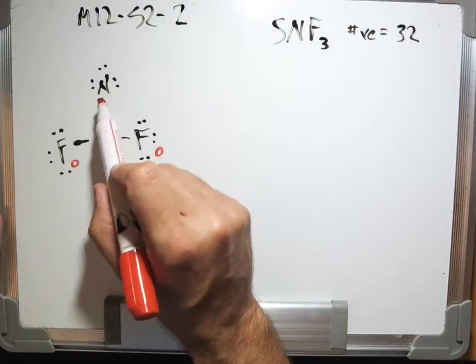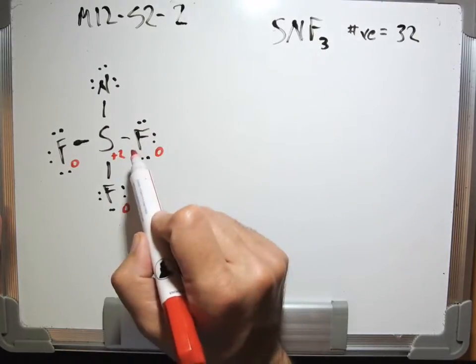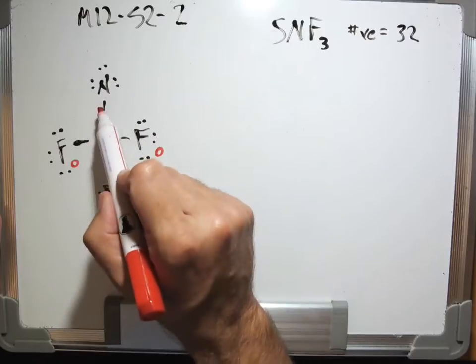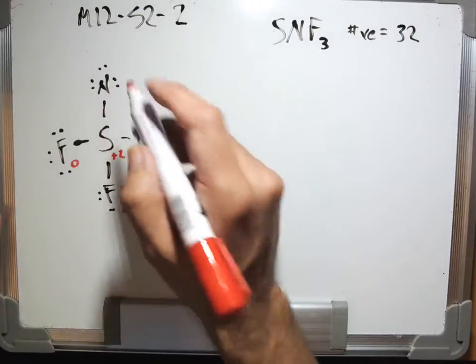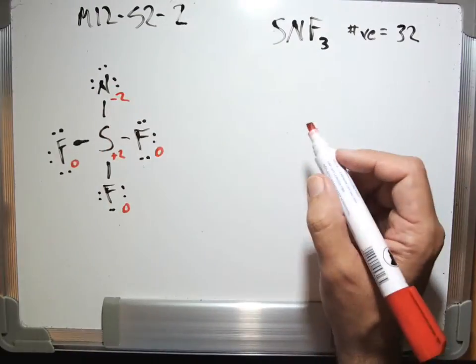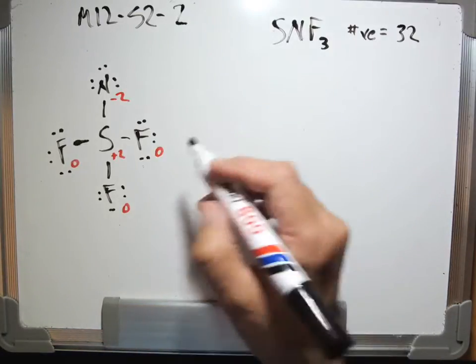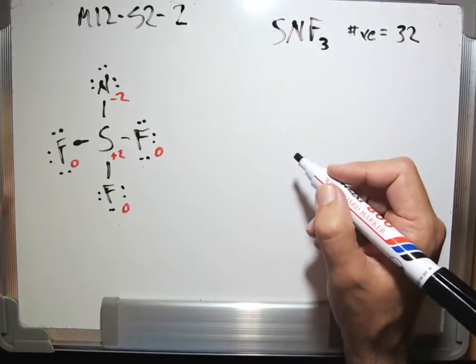Before even doing the math, I recognize that nitrogen must be -2, so that when everything sums together, I get 0 for the neutral molecule. Indeed, when I take 5 and I subtract from it the sum of 6 and 1, indeed I get -2. So this is a contributor, but certainly a minor contributor with a +2 and -2 formal charges.